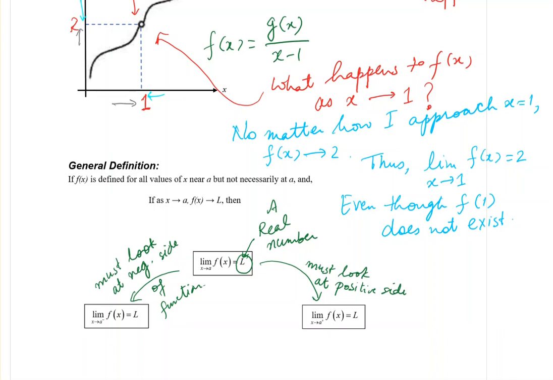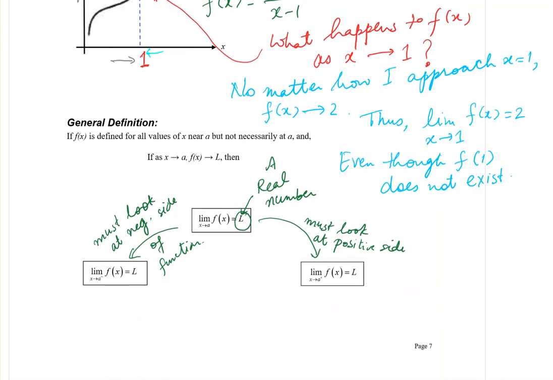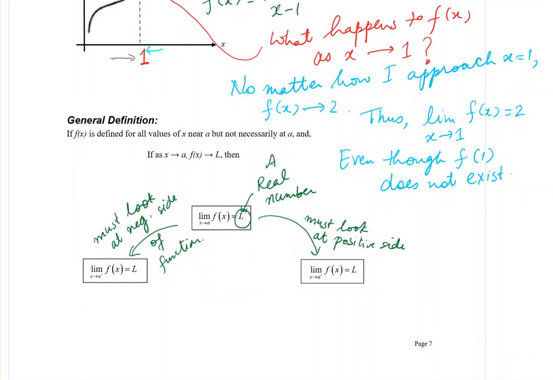When we look at both sides and see that both sides have the same value L in the neighborhood of x, we say that the limit exists and the value is equal to that same value L.